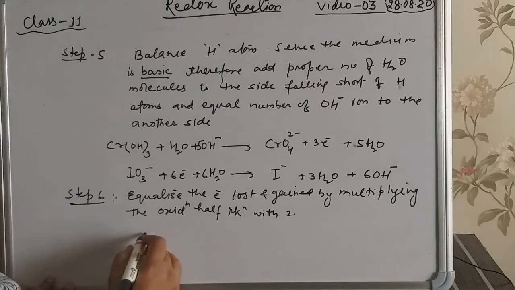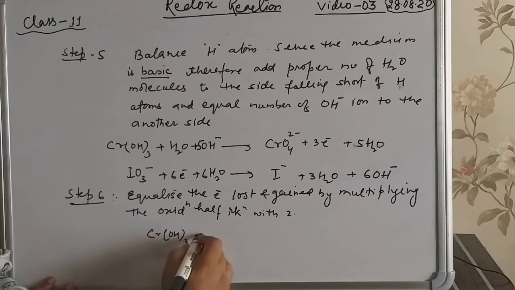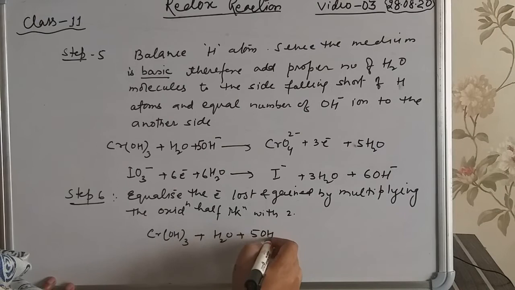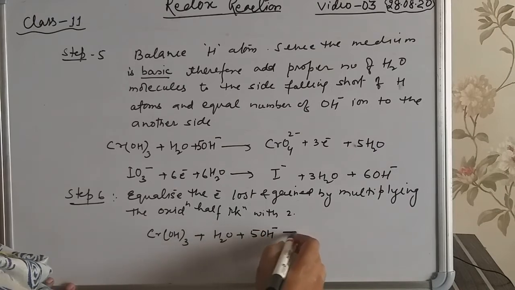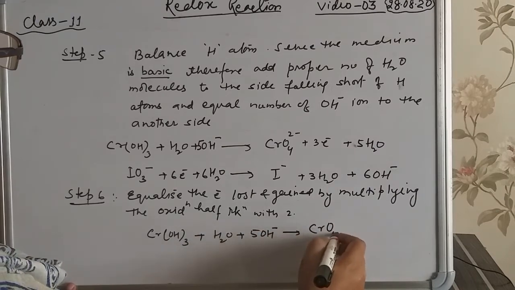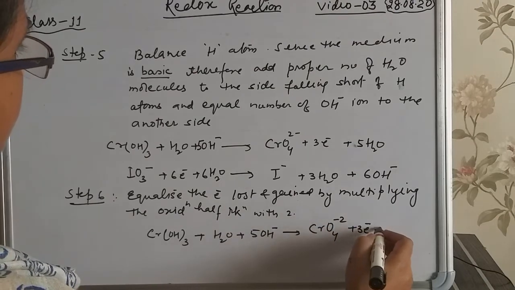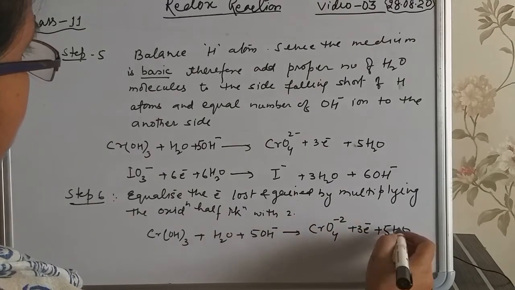So Cr(OH)3 plus 5 OH- gives CrO4 2- plus 3 electrons plus 5 H2O.